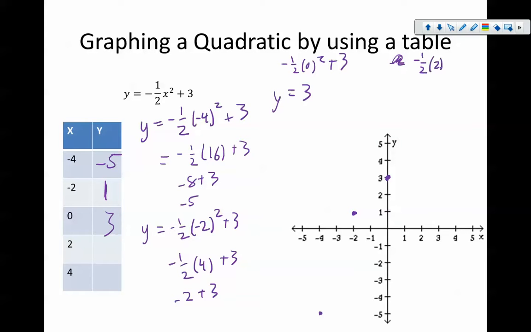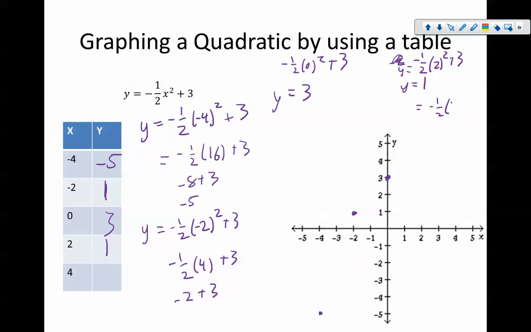Let's do these last two here. -1/2 times 2 squared plus 3. Well, I notice that 2 squared and -2 squared are the same, which means that this is going to end up being the same value as my other one, right? Because 2 times 2 is 4, and -2 times -2 is 4. That means that this is going to be y equals 1. And when I plug in 4, the same thing's going to happen. Look, -4 times -4 is 16. 4 times 4 is also 16.